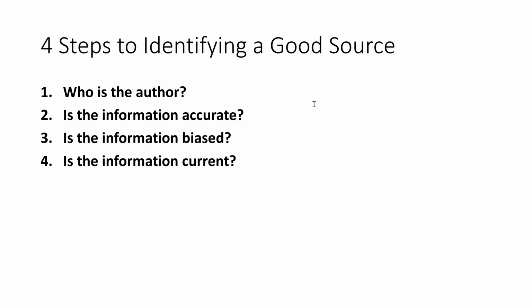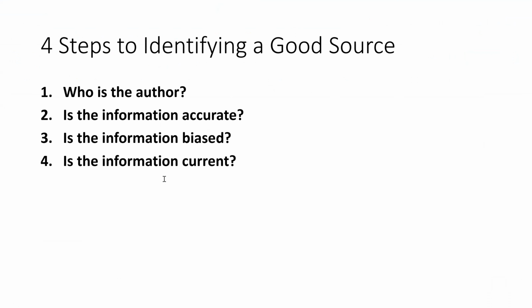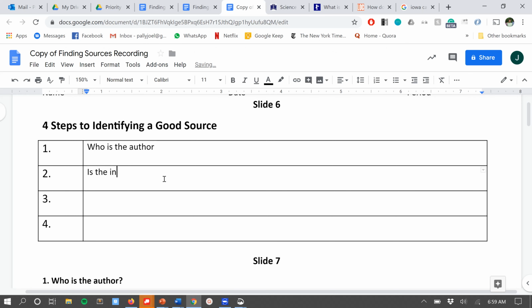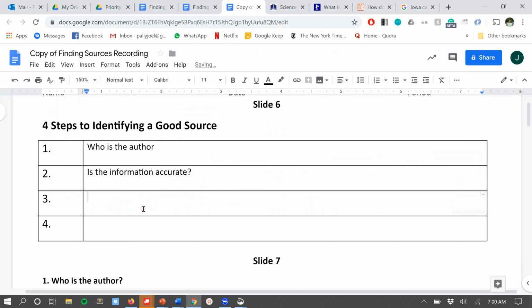The first thing we're going to be putting in the notes is the 4 steps to identifying a good source. So the 4 steps are: who is the author? Next, is the information accurate? Is the information biased?